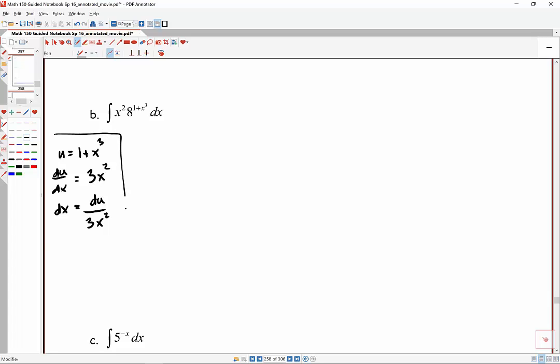So let's see if that worked out for us. So coming back over here, we'd have the antiderivative of x squared times 8 to the u, and then in for dx we would have du over 3x squared. Good so far?